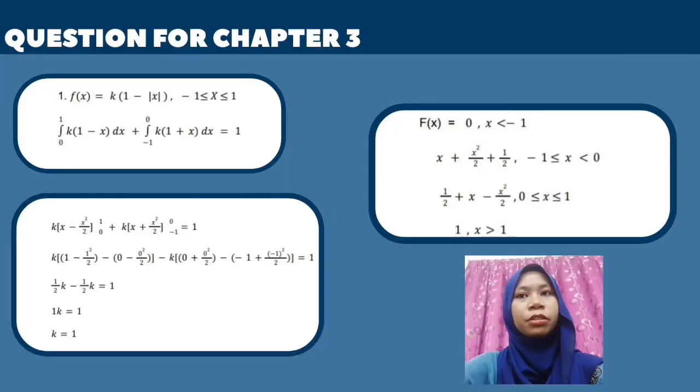Question for chapter 3. First, f(x) equal to k(1 minus modulus x), x is between negative 1 and 1.